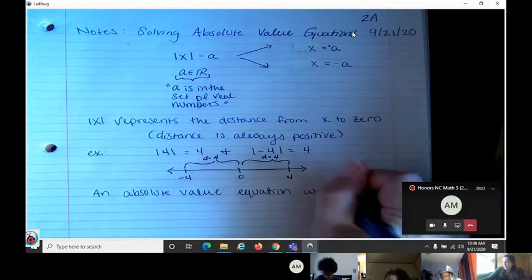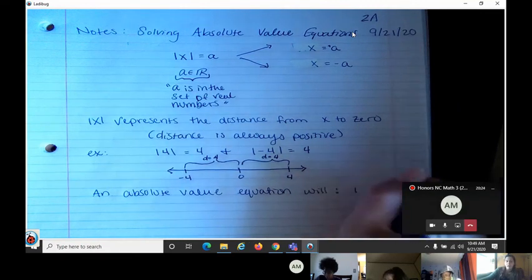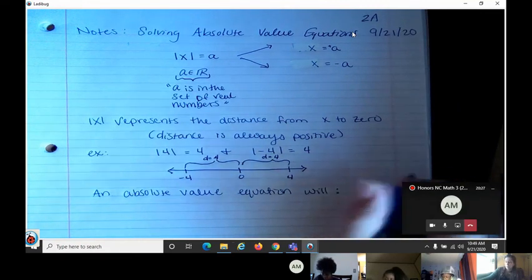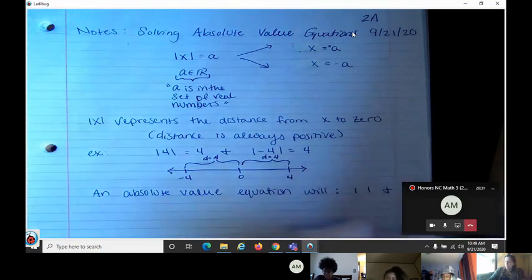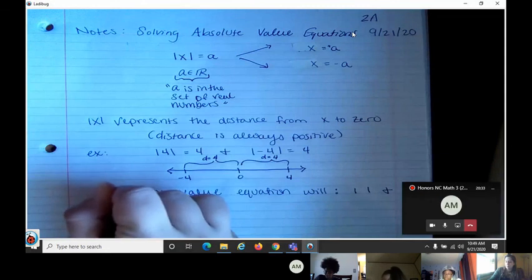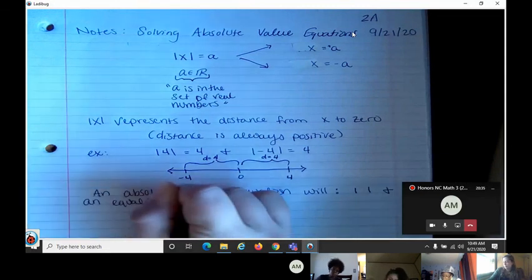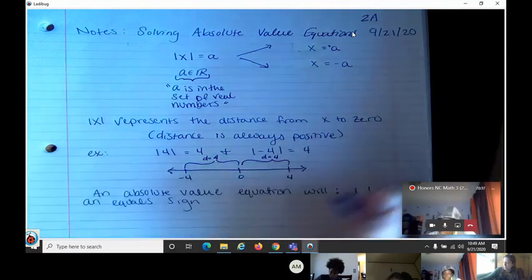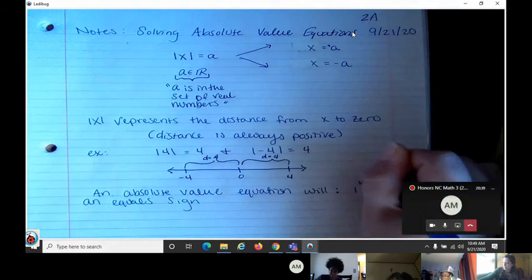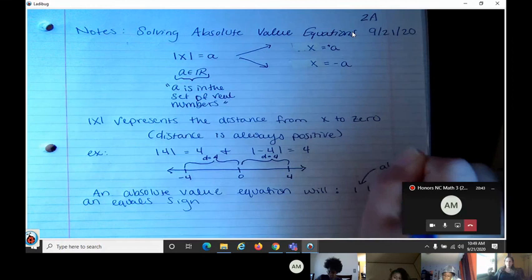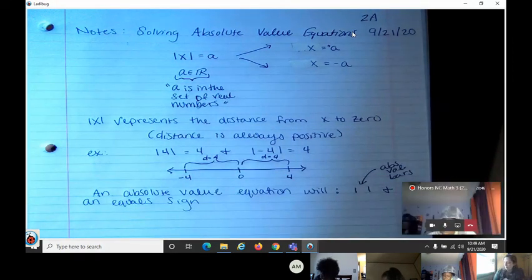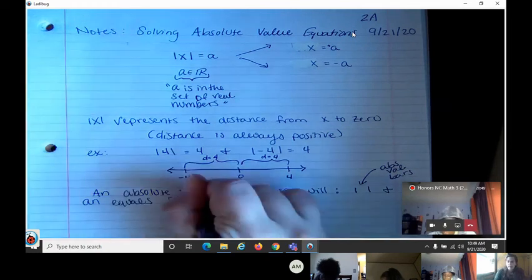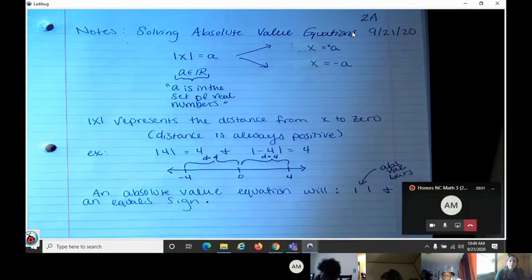It has to have these absolute value bars, and an equal sign. Okay, so these are absolute value bars. We'll do a bunch of examples.